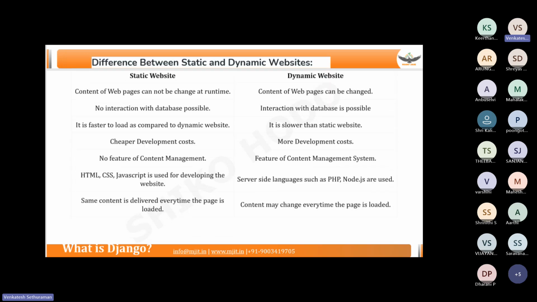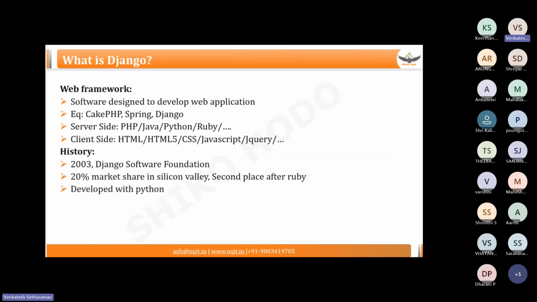Django is a web framework to develop web applications. On the server-side environment, we can use Python coding. On the client-side environment, we can use HTML5, CSS. We don't need jQuery or JavaScript in Django.